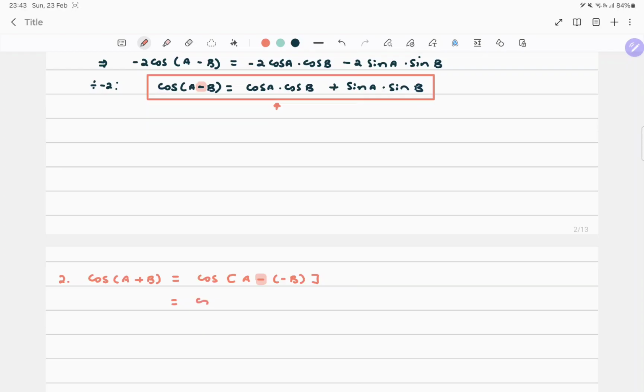So this is going to be cos of the first angle times cos of the second angle, right? Now the sign changes to a plus, sine of the first angle, sine of the second angle.